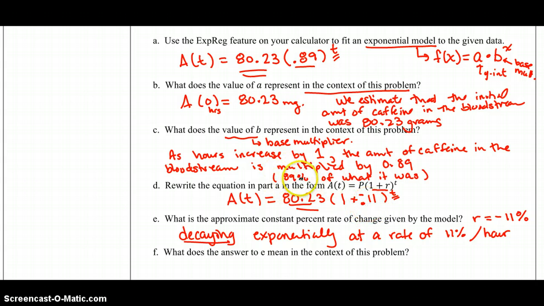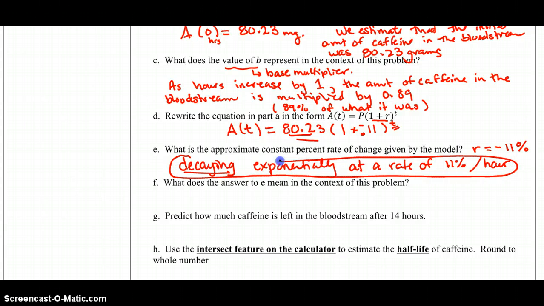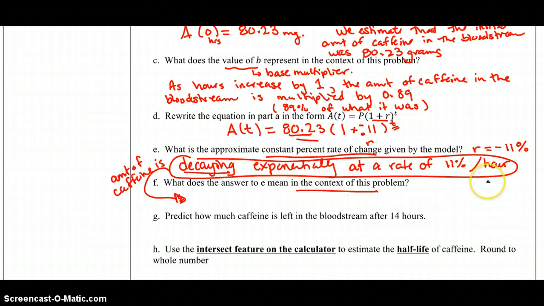We only have 89% of it left behind. Part F asks what the answer to E means in the context of the problem. I guess we already did that. Here they just wanted us to get that constant percent rate of change, which is R, negative 11%. In the context of the problem, that meant the amount of caffeine is decaying exponentially at a rate of 11% per hour.